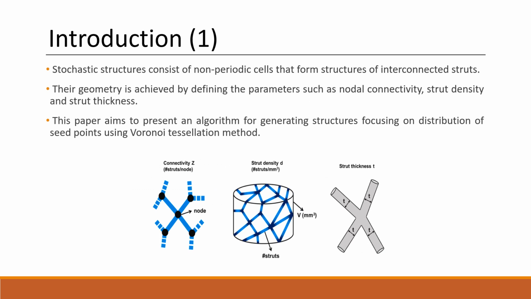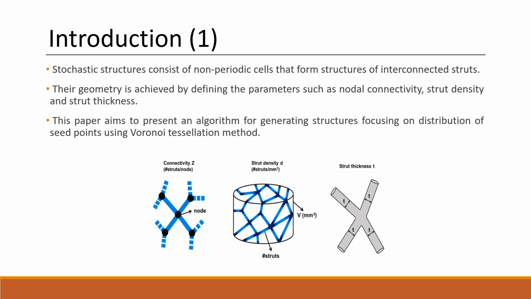Stochastic structures consist of non-periodic cells that form structures of interconnected struts. They imitate foams but don't behave like them. Their geometry is achieved by defining parameters such as nodal connectivity, strut density, and strut thickness, as shown in the figure below. Nodal connectivity is the number of struts connected to a node.